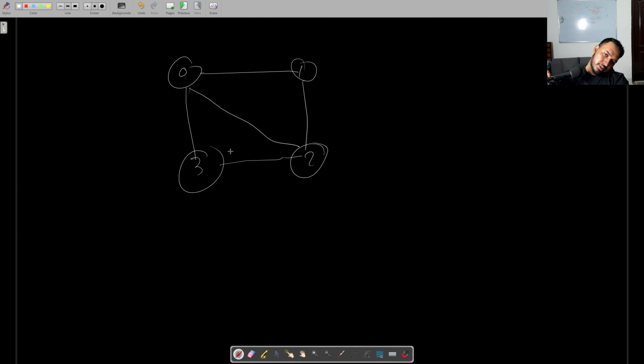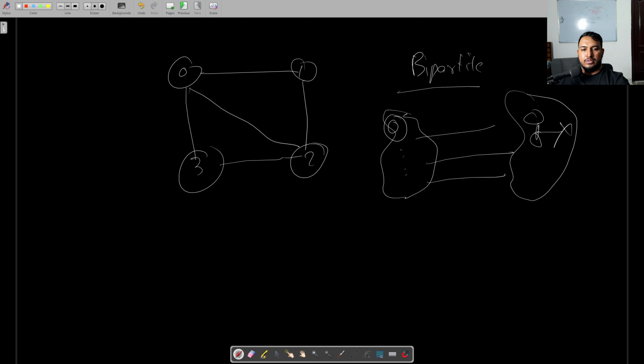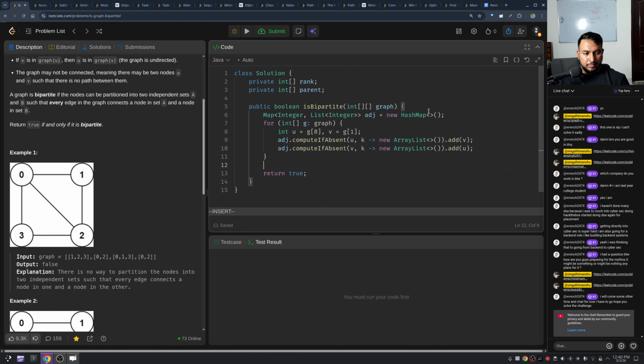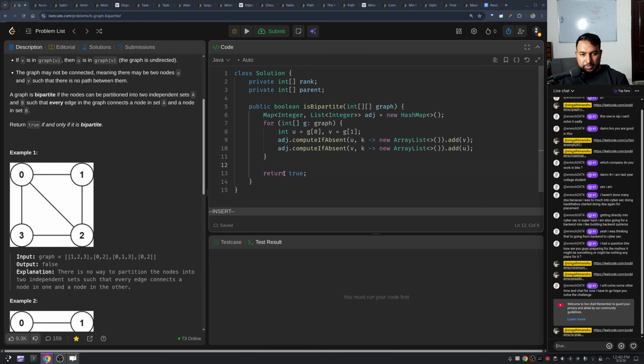We have to make a bipartite graph. What I mean by bipartite is there should be a set of nodes here that have connections with a set of nodes here, but they can't have connections within the same set. So we'll take 0, and any of its connections we put in one set, and it's very similar to the last problem that we solved. And this is the problem link.